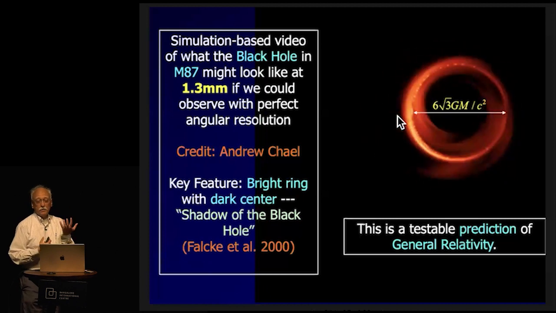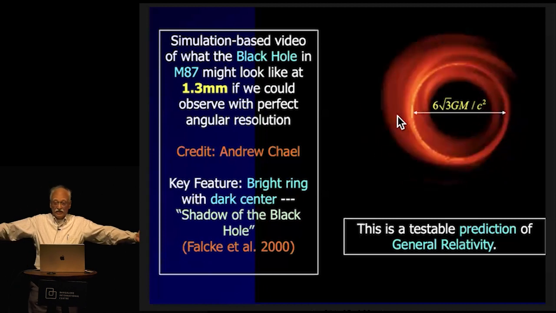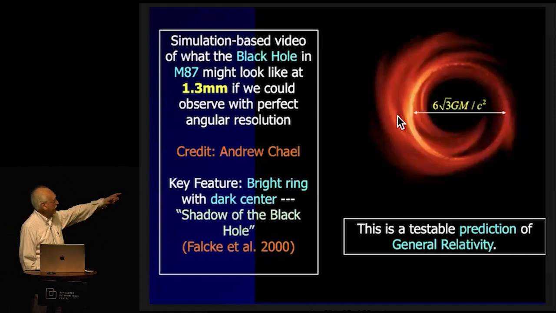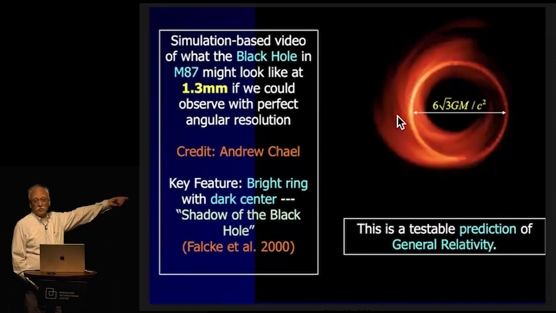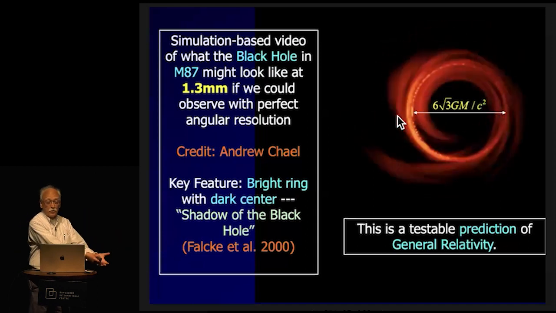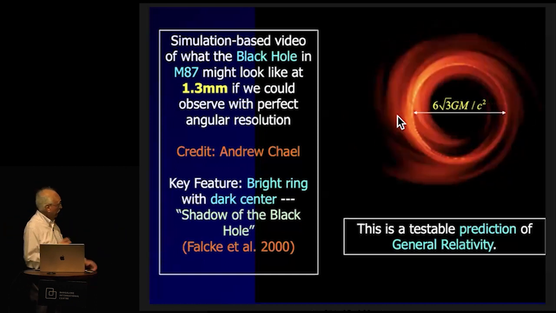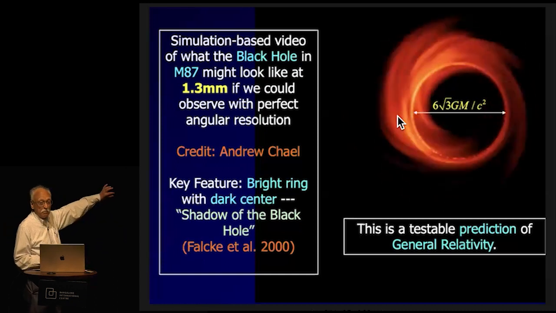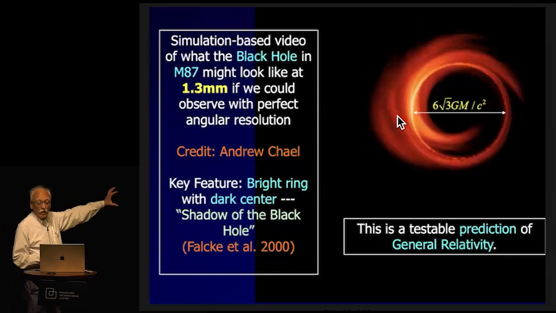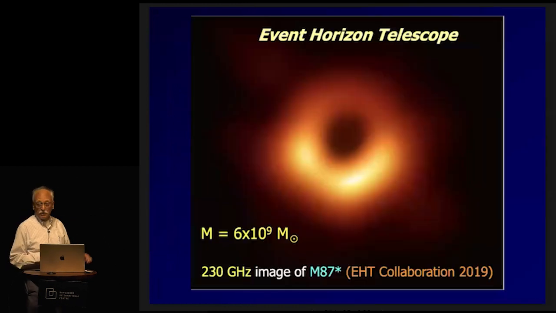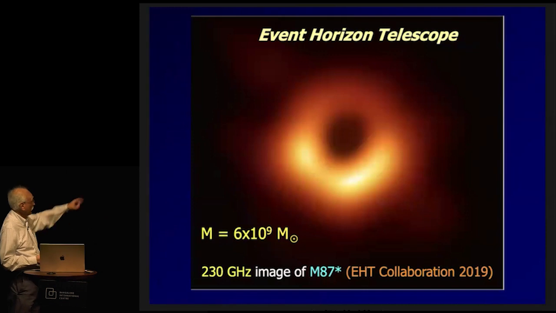You're seeing a blurred picture because even with the size of the Earth, your angular resolution is not the infinite resolution that we are using here. On the computer you can do what you want, but there is a limit to what you can do with a real experiment. So imagine taking this and blurring it. What will the picture look like? Well, that was the picture that was produced, 2019.